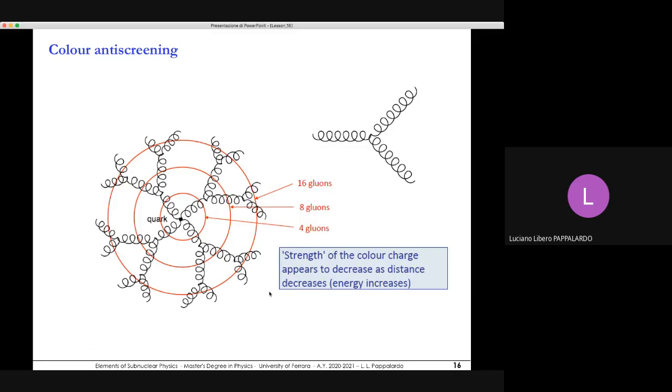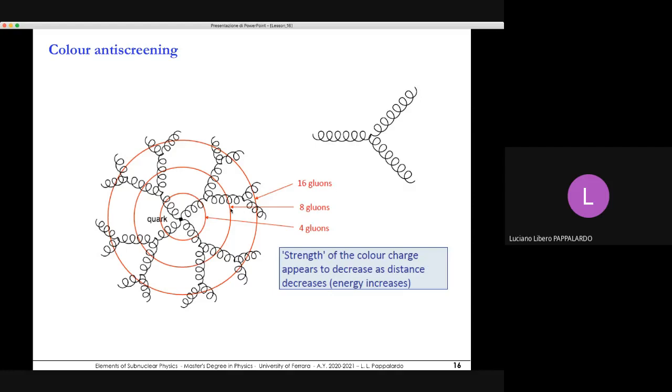This picture just gives you a representation of this phenomenon of the color anti-screening. So you have your original quark, which radiates gluons, but gluons interact among themselves, so they create loops and loops of gluons. So when you probe your color charge from outside, from a large distance, suppose from this circumference here, then in this very simplified picture, you see the contribution of 16 gluons, so a huge color charge.